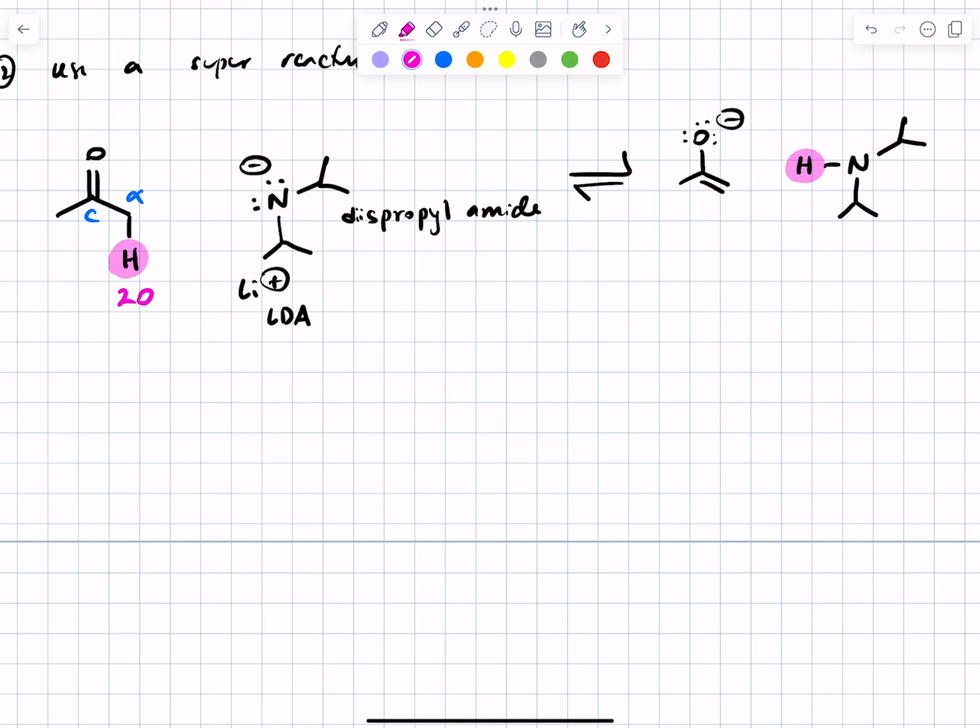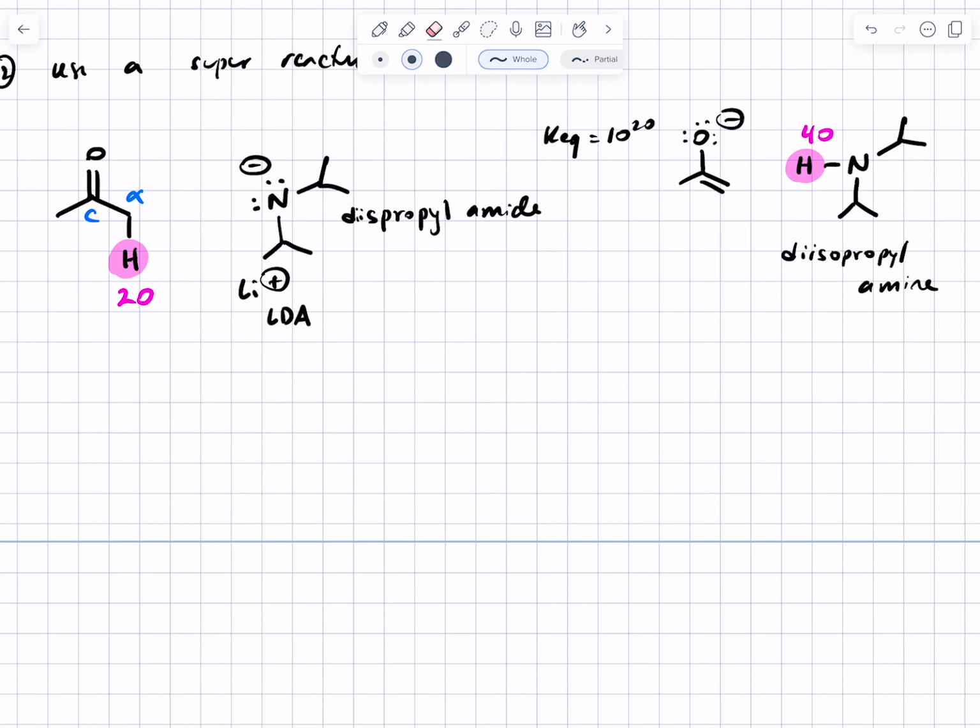Over here on the nitrogen, when you get to the conjugate acid, which is diisopropyl amine, that has a pKa of 40. So that means the equilibrium constant here is 10 to the 20, meaning, again, 100% quantitative yield of enolate. Irreversible, because the base is simply strong enough to remove that proton.